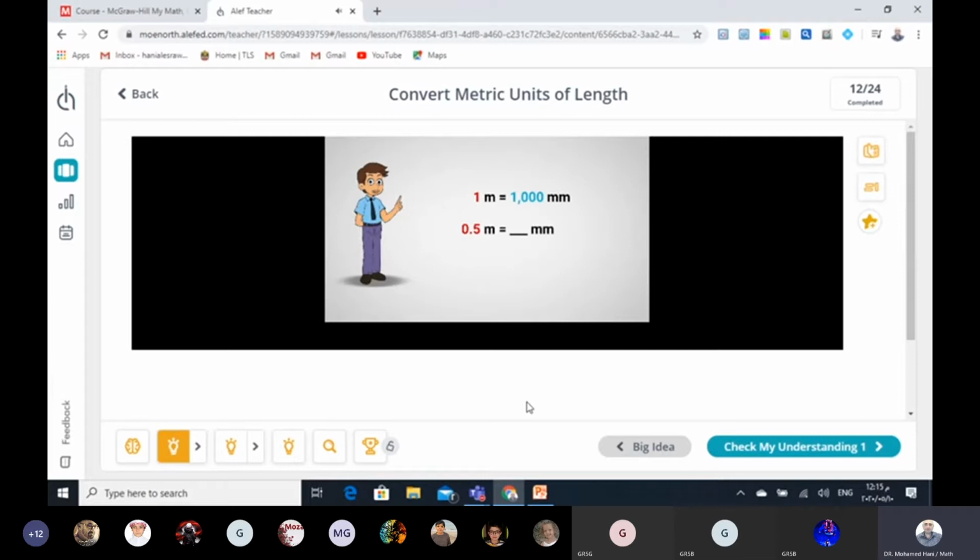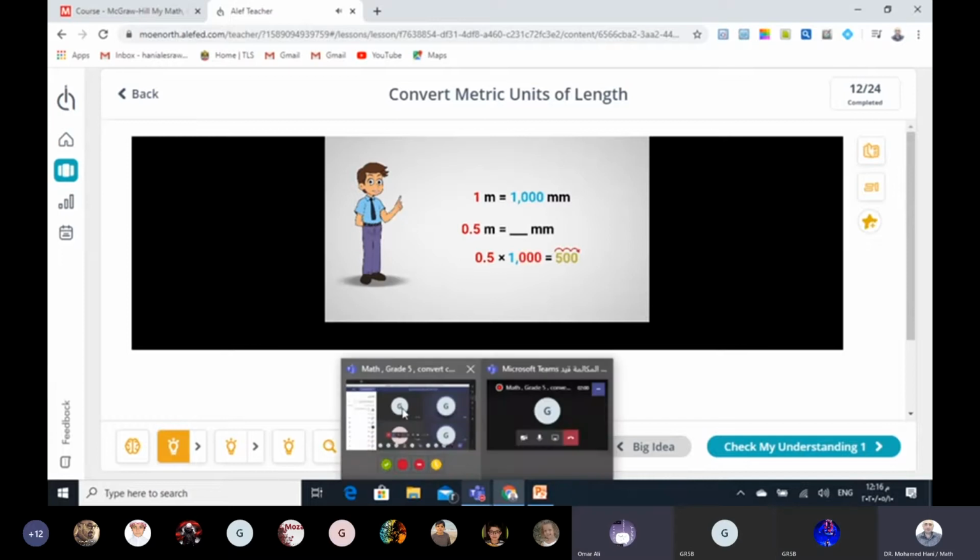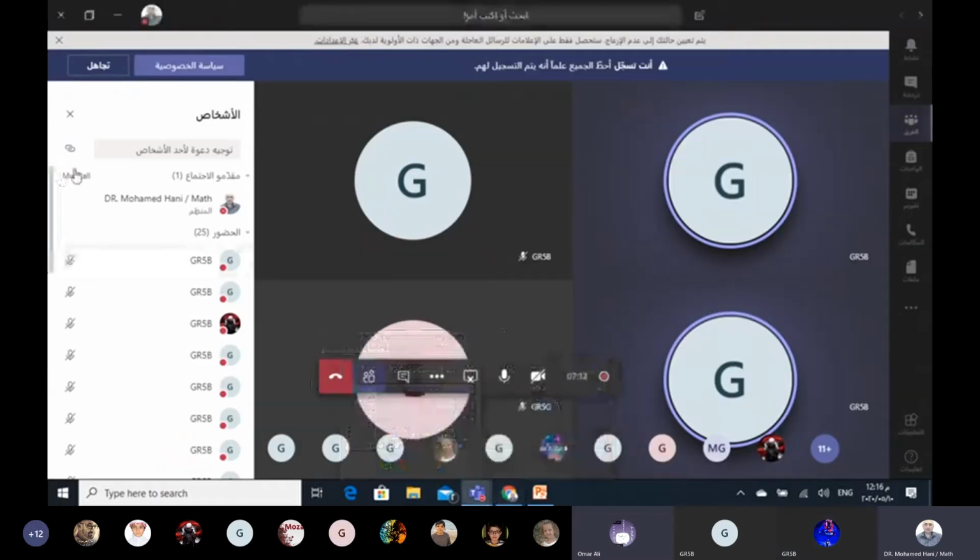Exactly. 1,000 millimeters. So our multiplication is 5/10 times 1,000. You can move the decimal point 3 places to the right. How do you know? We move the decimal point 3 places because there are 3 zeros in 1,000.